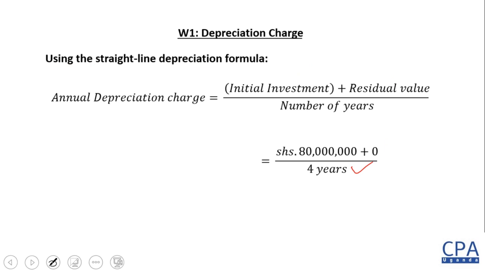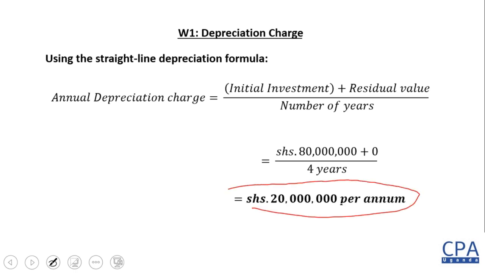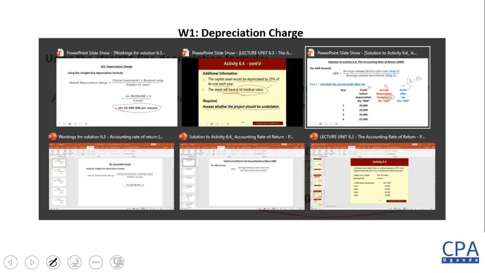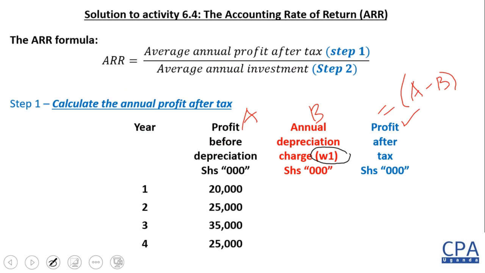You can use your calculators to compute this, and indeed we come to 20 million per annum as our annual depreciation charge. So this is what I'm going to transfer to my computation schedule under the annual depreciation charge.